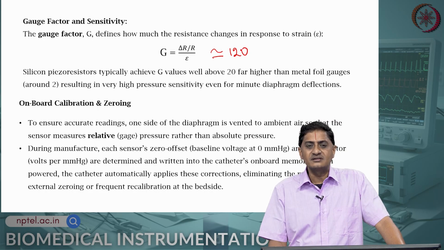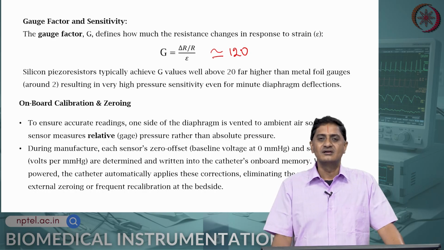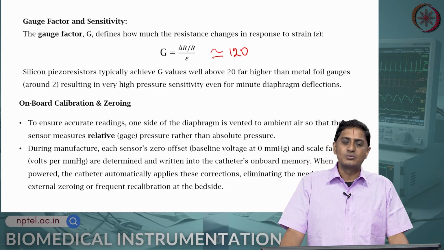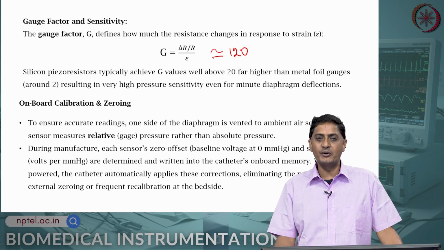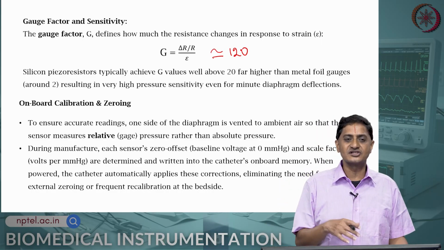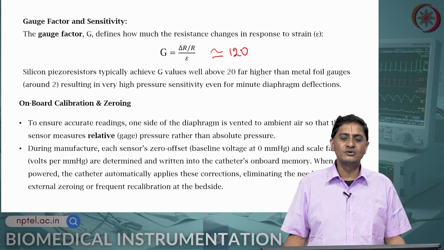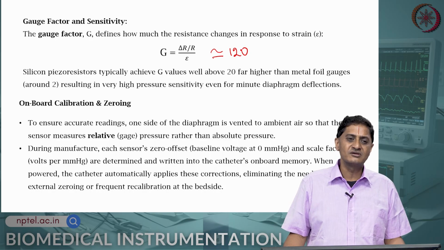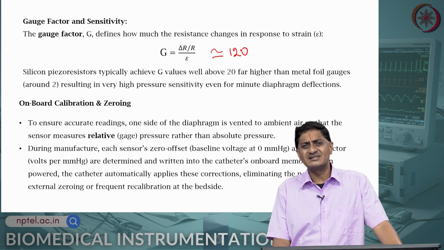Also, each sensor's zero offset, or the voltage measured at 0 millimeter mercury, and the scale factors are determined at the time of manufacturing, and given in the catheter's onboard memory or as a separate calibration file to the users. So, when you power on, these zero offset factors and scale factors are automatically loaded in the system without the requirement for external zeroing or frequent recalibration, which is a common problem with these kinds of sensors.